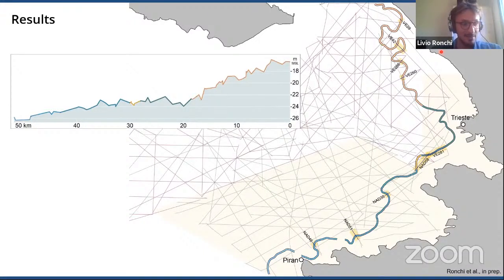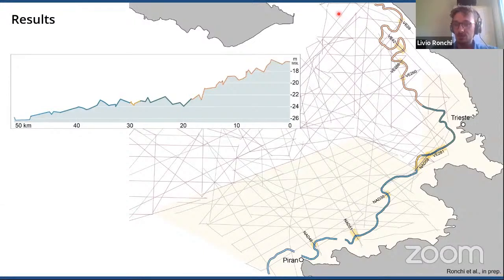And now we can say two main things discussing this feature. One of them is the provenance, the origin of this channel. Well, as you can see, this is the modern Isonzo outlet here, and you can see this channel goes directly to the area where the Isonzo stayed during the last glacial maximum.